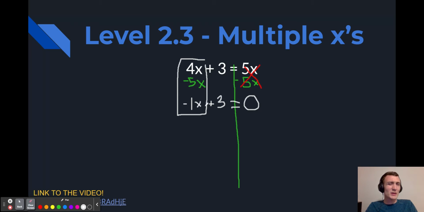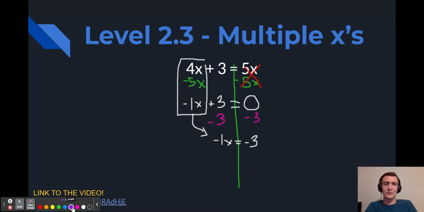But with this negative 1x plus 3 equals 0, that gets weird. But I want to solve for x still, so it's going to work like a one-step or two-step equation. So the opposite of plus 3 is minus 3, and 0 minus 3 is just minus 3, right? So negative 1x equals negative 3.